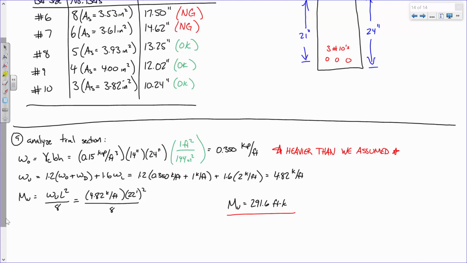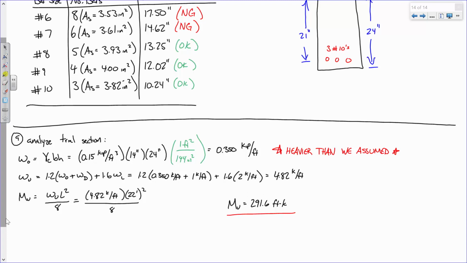So by coming up with a more detailed estimate of the beam self-weight, the actual moment on it is higher than what we assumed. I want you to keep that in the back of your head for design purposes, because we're going to ask some questions about how this beam came out, what happened at the end. I really want you to think about that.